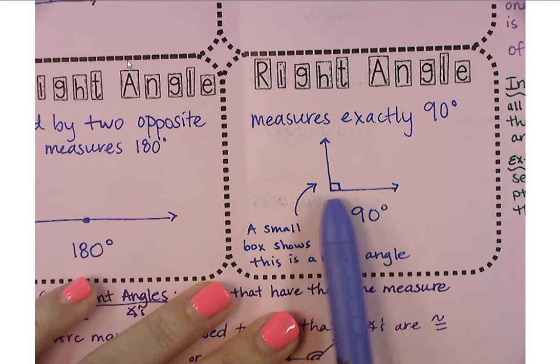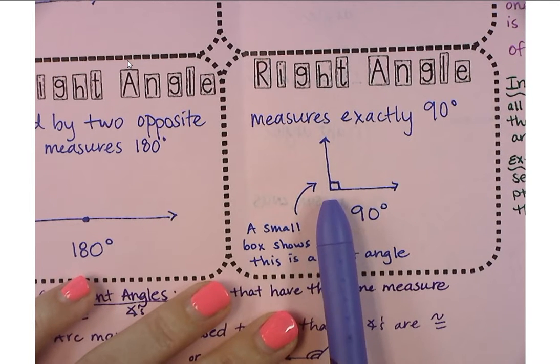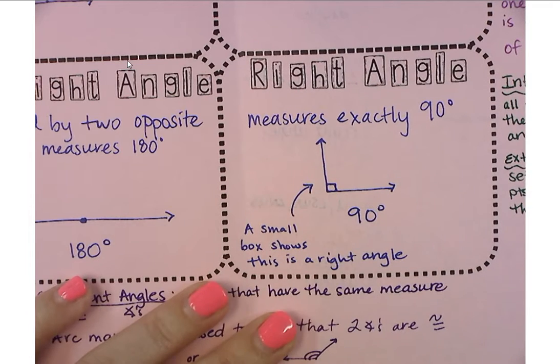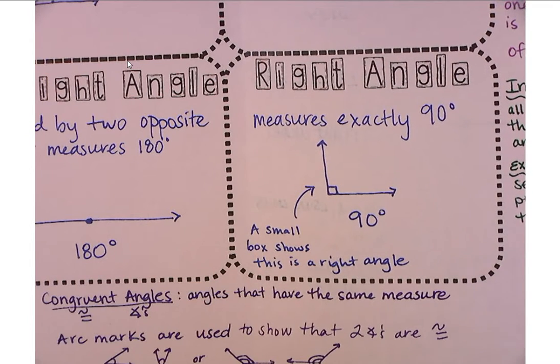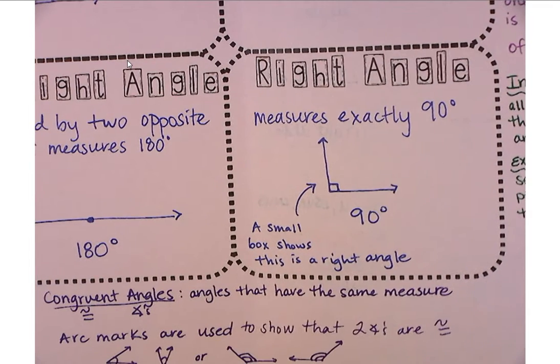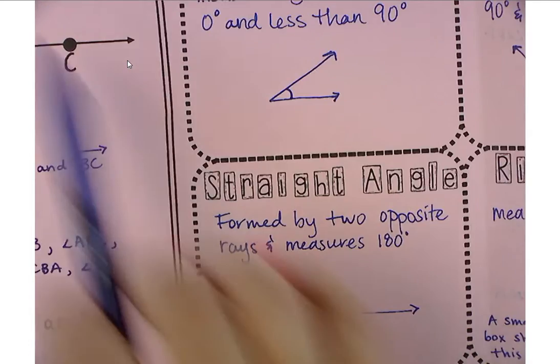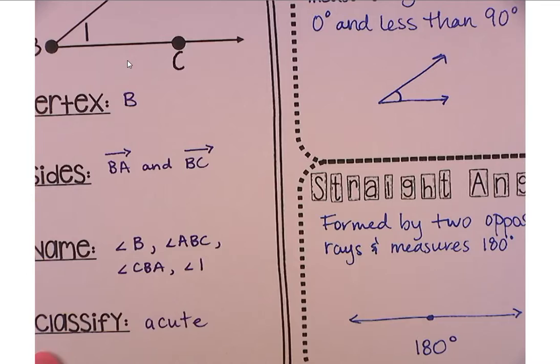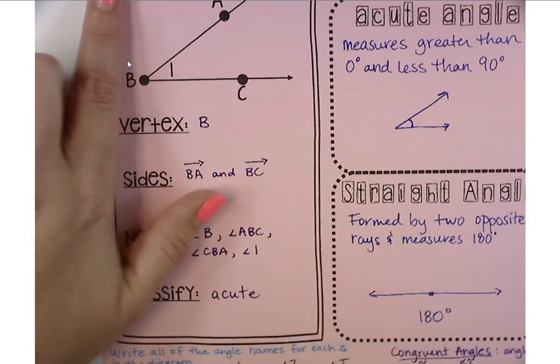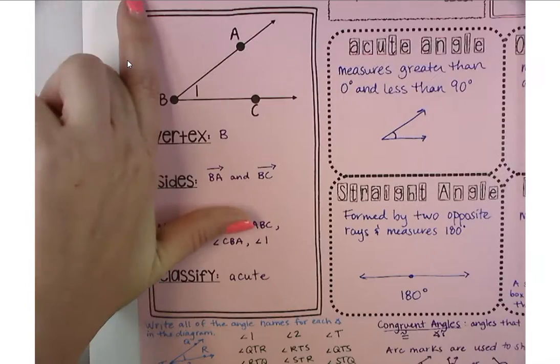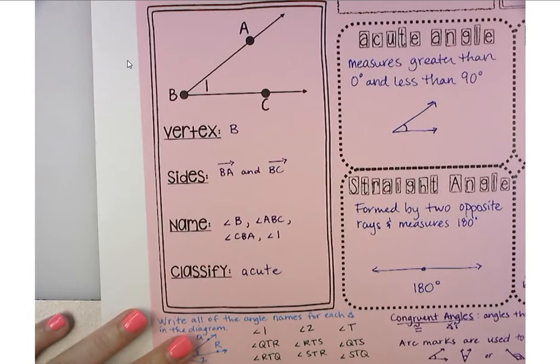So if you have an angle that looks like a right angle, but it doesn't have that little box, you can't just assume that it's a right angle. You do have to have that proper notation. So knowing the different types of angles, we can look at this one, see that it's less than 90, because 90 degrees would be straight here. And because it's less than 90, we would call that acute.